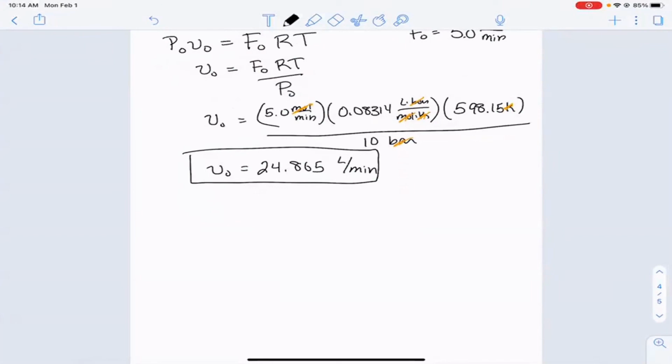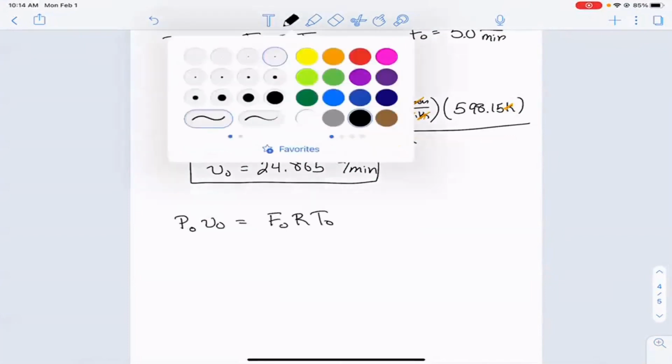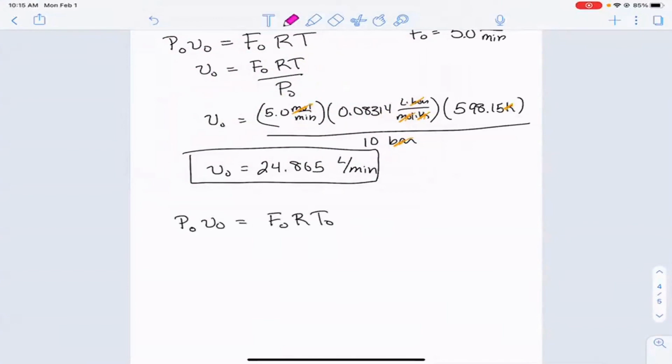So if we're going to do that, again, we know that PV is equal to FRT, and P0 V0 is F0 R times T0. And if we want to get the initial concentrations, I'm going to multiply both sides by our initial mole fractions.